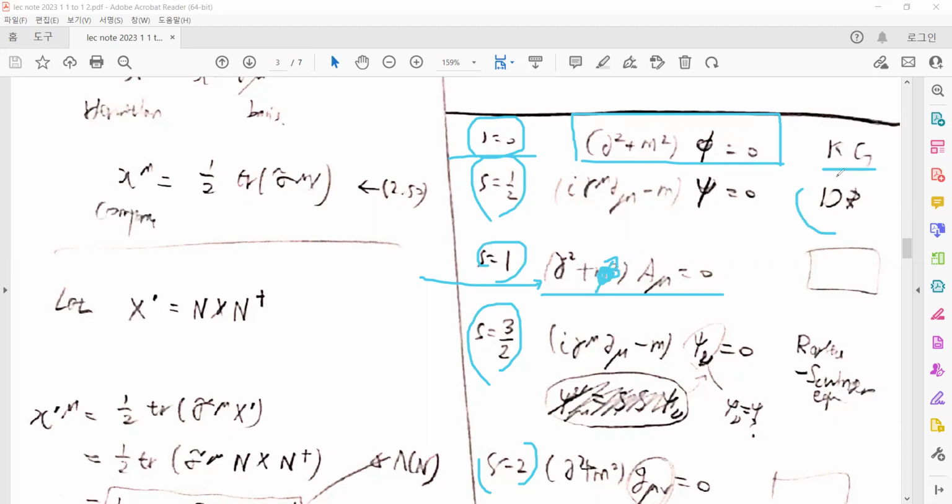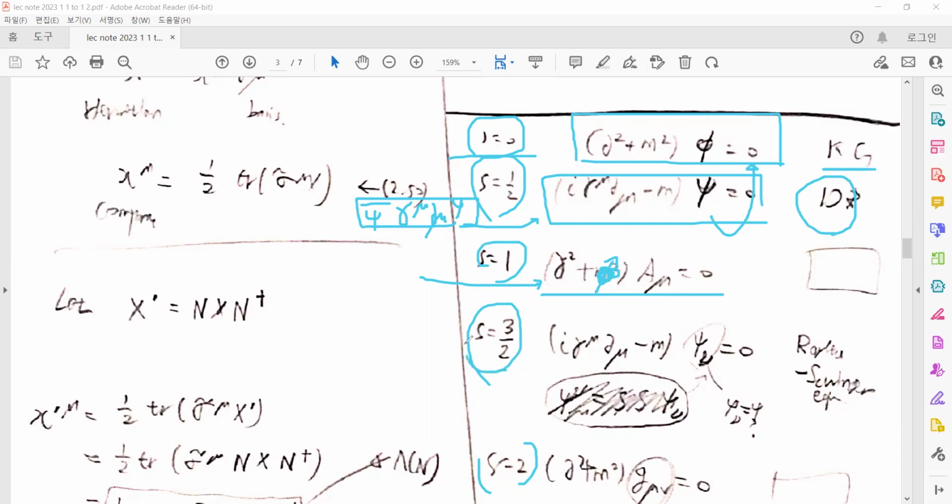And also we can construct the Dirac equation from the vector-like term with partial mu in the Lagrangian. It is the Dirac equation, and actually it reduces to the Klein-Gordon equation if we multiply by i gamma mu partial mu plus m on the left-hand side.